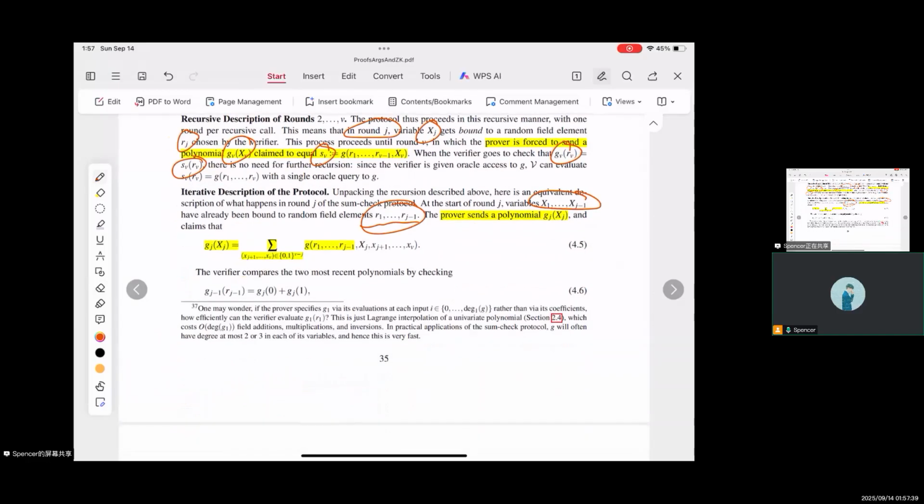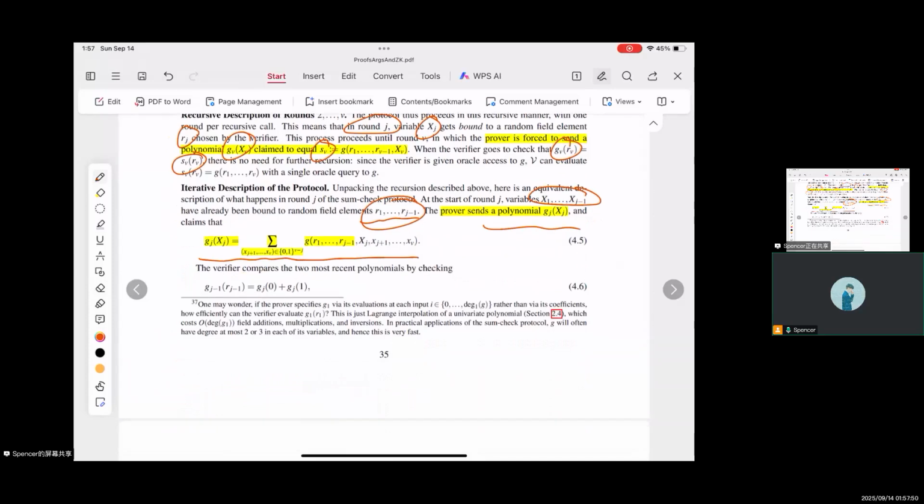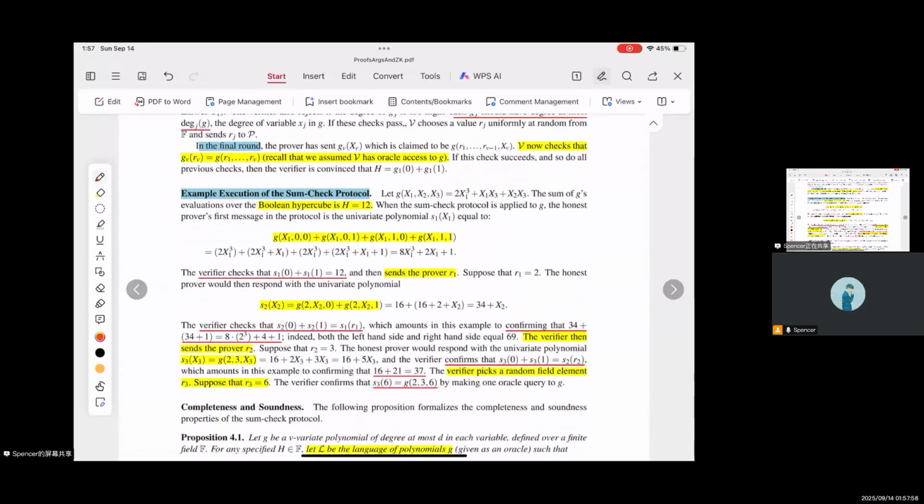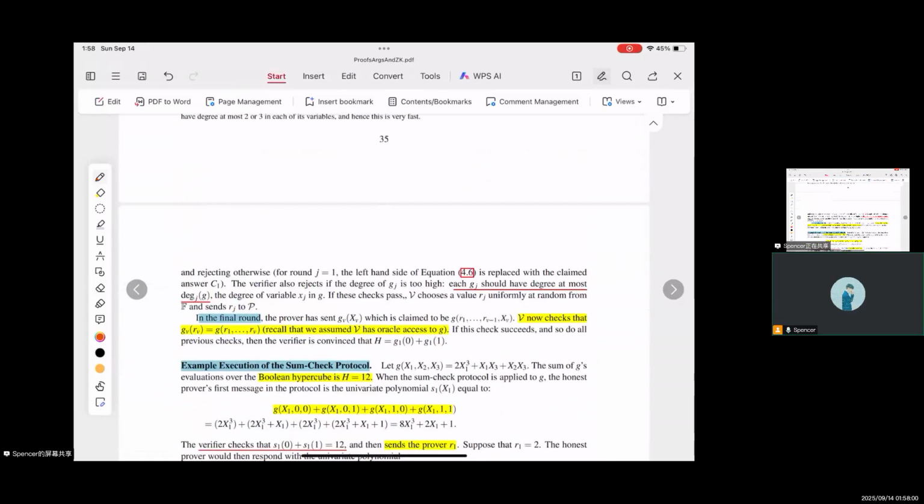Then the prover sends the polynomial gj(Xj) and claims that, okay, we have looked at this equation before. Then the verifier compares the two polynomials by checking this, and rejecting otherwise.